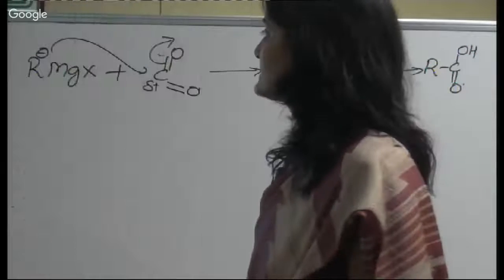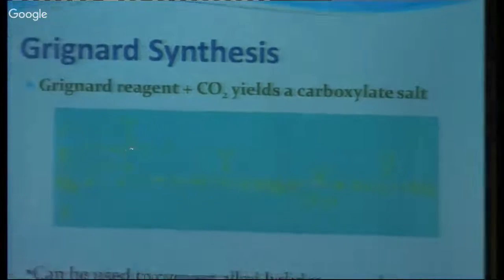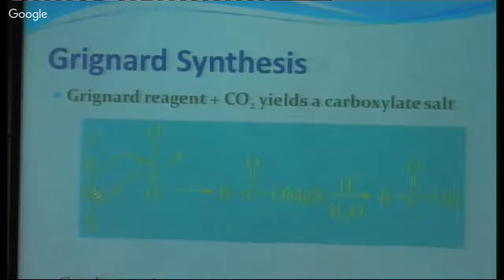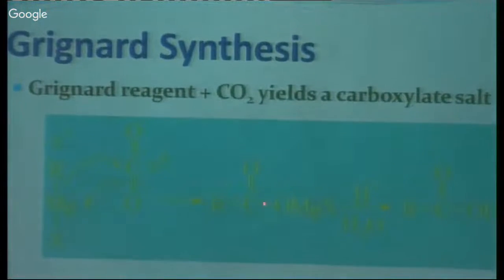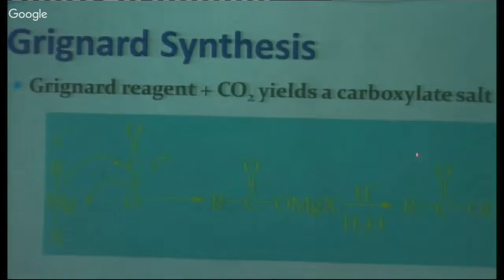We will just take few examples. This is the reaction I have depicted here. You can see the nucleophilic R group attacking the electropositive carbon, and this lone pair of electron taking the electropositive magnesium to form the carboxylate salt, and on hydrolysis giving you carboxylic acid, right?